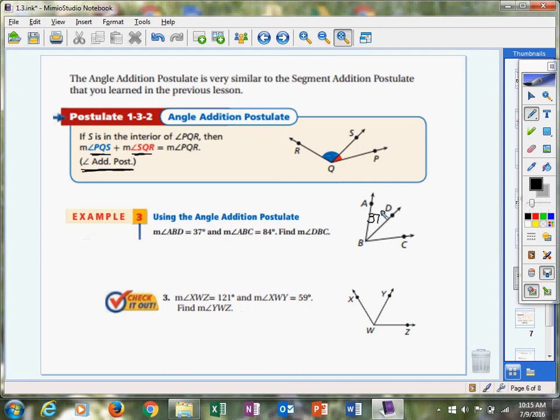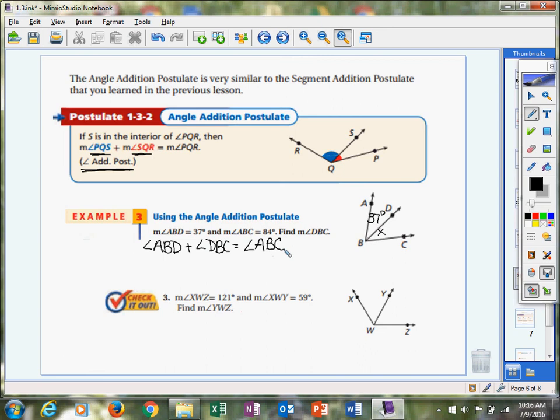What we're trying to find is DBC. We don't know that. What we do know is angle ABD plus the other little angle DBC is equal to the big angle ABC. That's true according to the angle addition postulate.